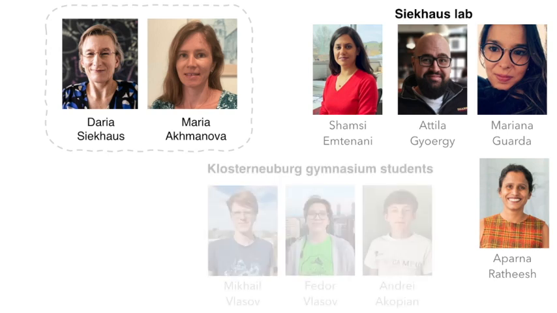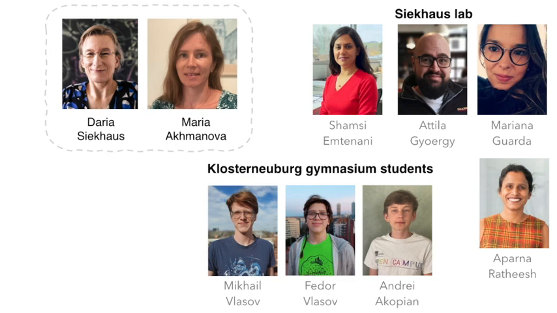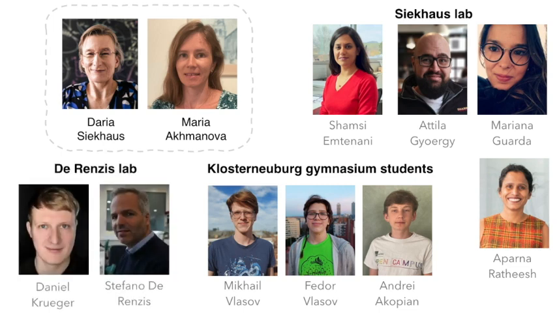Masha also had help from three local high school students, Mikhail Vlasov, Fedor Vlasov, and Andrea Kopian, who worked on algorithms and fly genetics. And finally, Masha conducted her optogenetic experiments with expert guidance from Daniel Kruger during a visit to Stefano Durentis' lab at EMBL, Heidelberg.